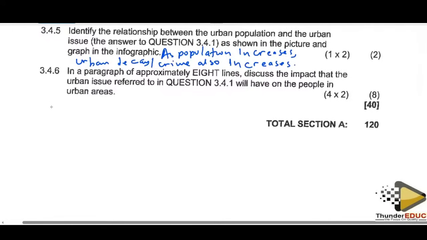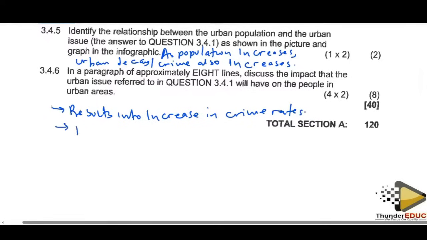So you could say it results in an increase in crime rates. People will not feel safe in such areas.